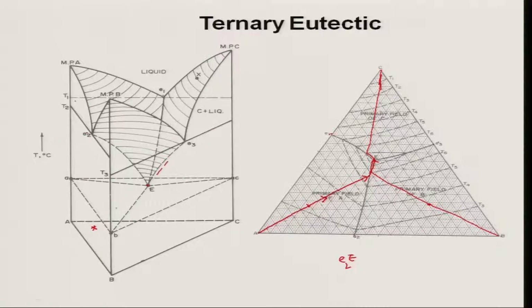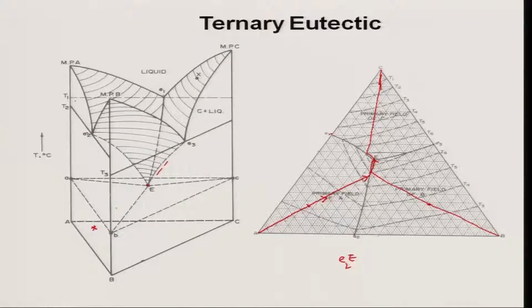Category number 3 is the compositions falling on these 3 curves, E2E, E3E or E1E. As you can see, if the composition falls on one of these 3 curves, what will happen? First, it will crystallize two components together: A and B in case of E2E, B and C in case of E3E, and C and A in case of E1E.